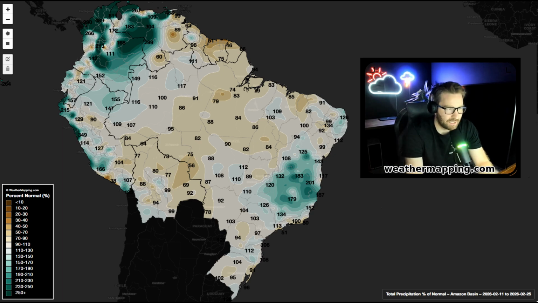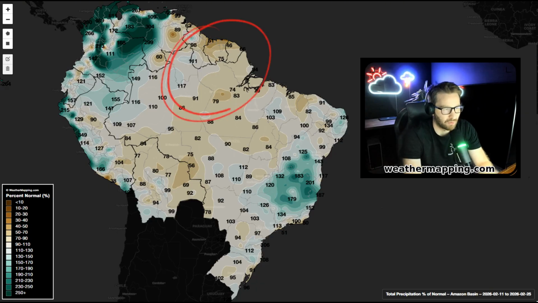For northeastern Brazil, the northern coast, the pattern is mixed. There are more notable below normal pockets, with some areas around 60 to 80%, and some isolated spots even lower. That's the part of the map where the dry shading is most apparent, on that northern tier outside the wet northwest core.